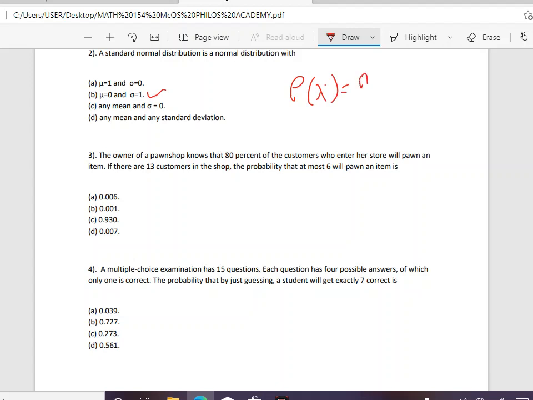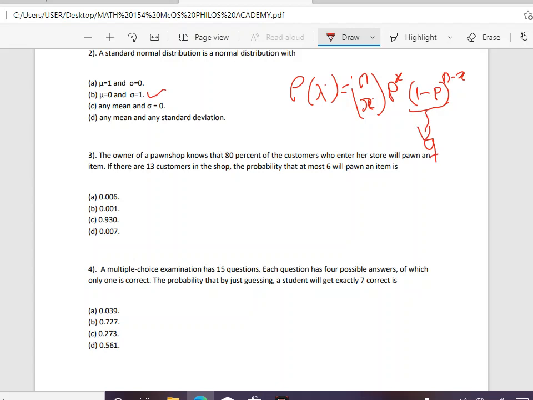It says n combination x times p exponent x times 1 minus p exponent n minus x. It is this 1 minus p that some people write as q.